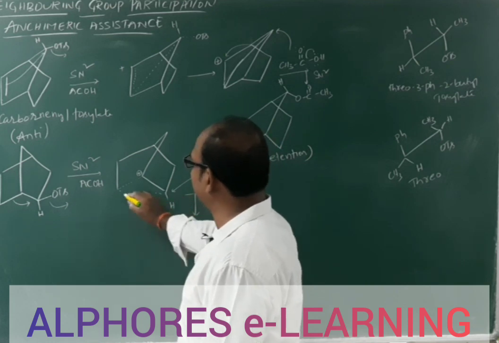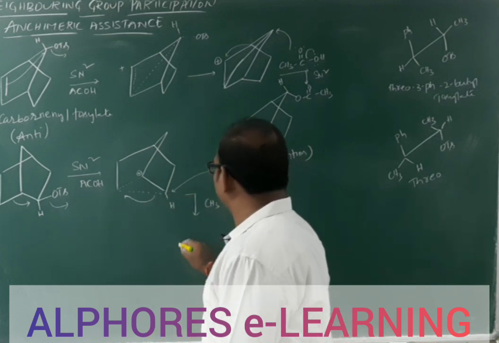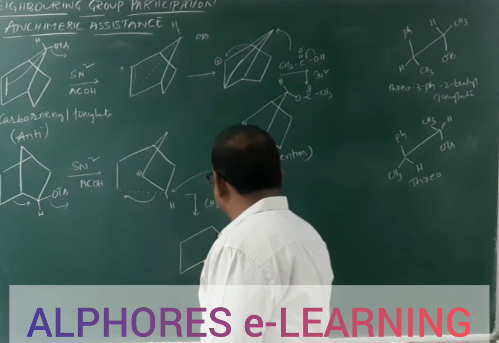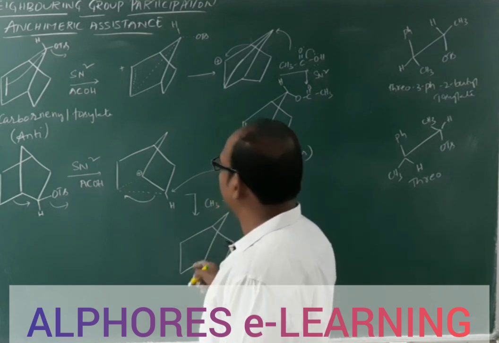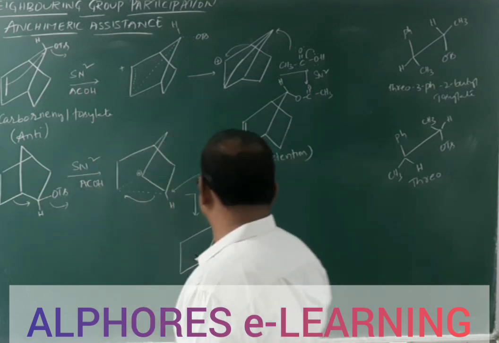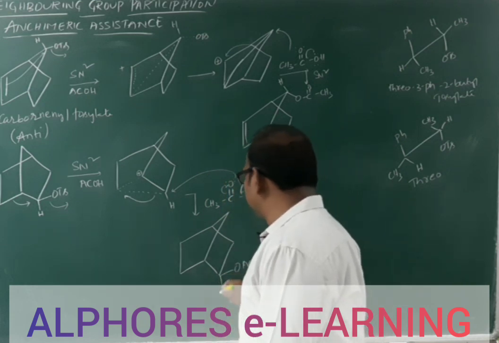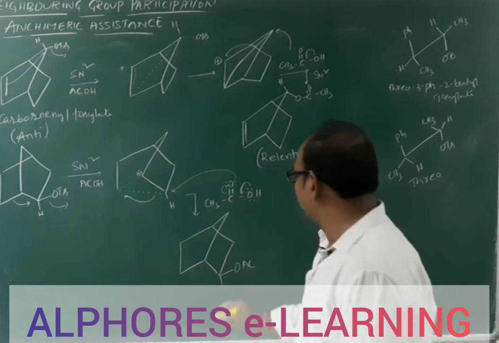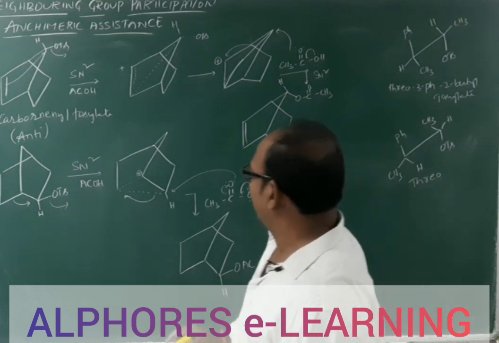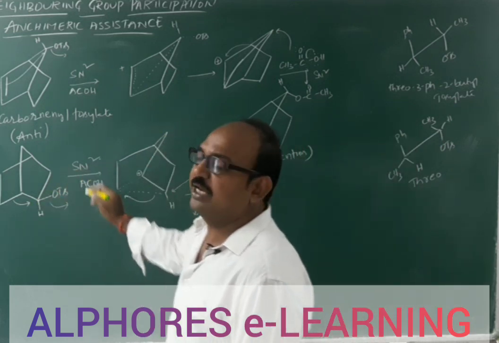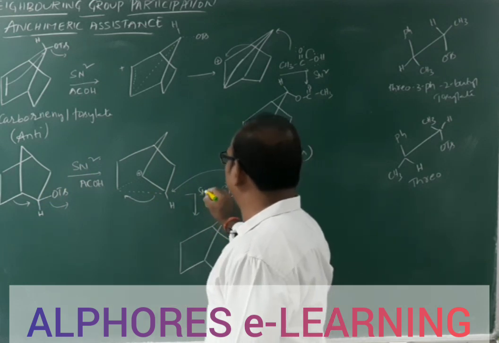These electrons get back. So the product formed here is again as such the original one, but instead of OTS, the OAc, CH3 C double bond O group is there. Here also the first step is SN2, and further the second step is again SN2.